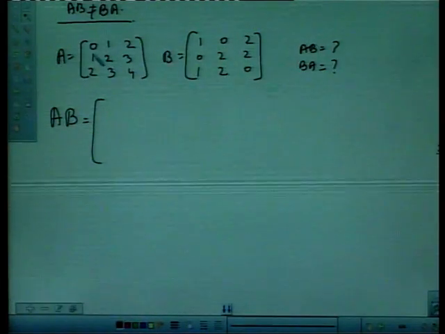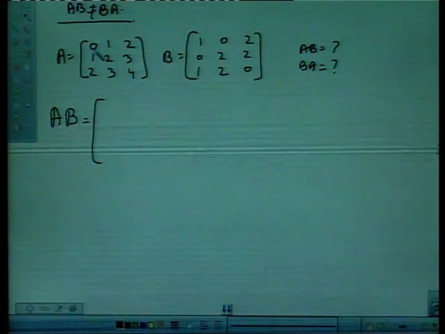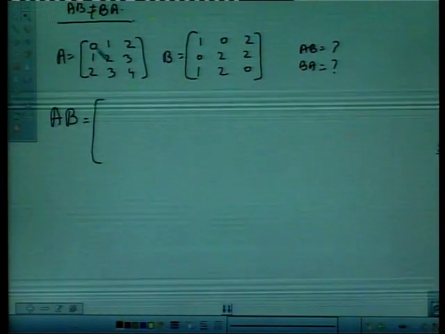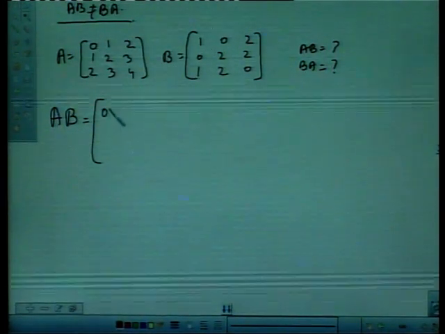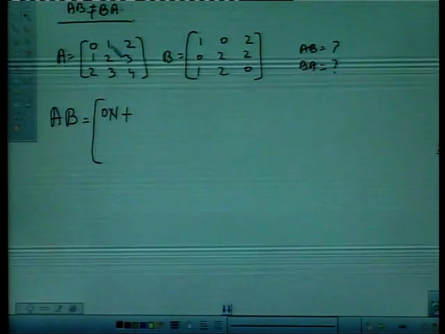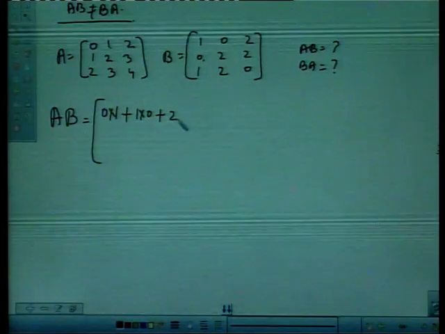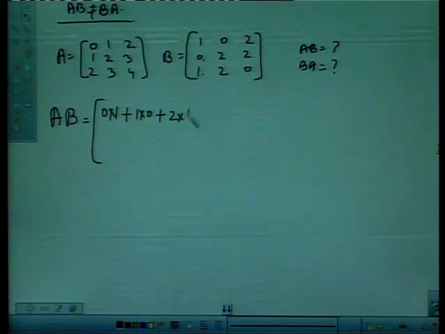We discuss the product. First of all, we take the first row and first column: 0 multiply by 1, 1 multiply by 0, 2 multiply by 1.